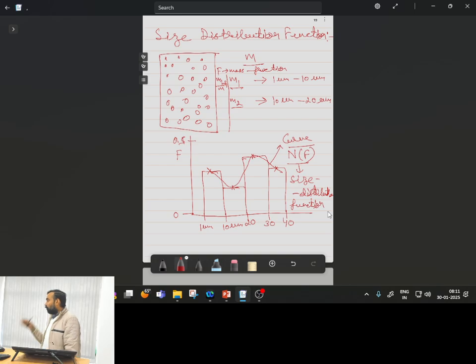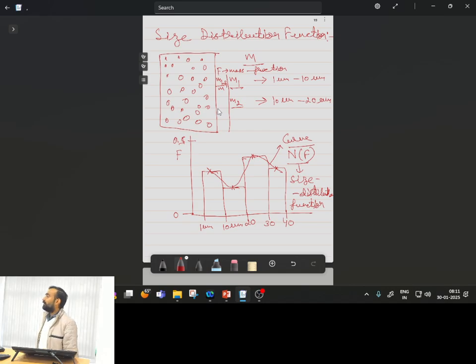Now over here, I have divided the particles based on their masses. The mass of a particular set divided by total mass, that is the mass fraction. Instead of the mass fraction, you can also divide these particles based on their volume, then it becomes the volume fraction.